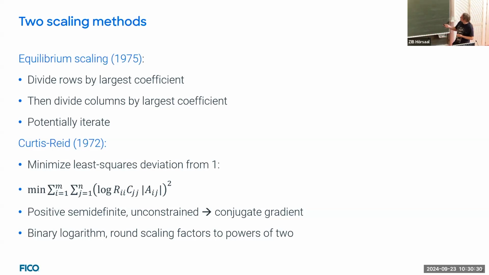These logarithms are binary, and also you would not use the exact scalars in the end. By the way, you would round the scaling factors to powers of 2 to not get any additional numeric artifacts in your binary representation of your numbers.